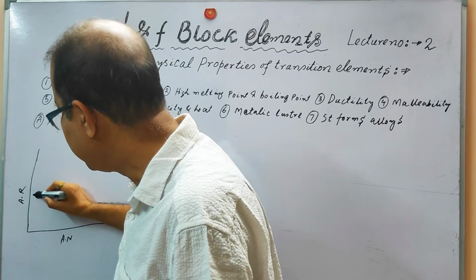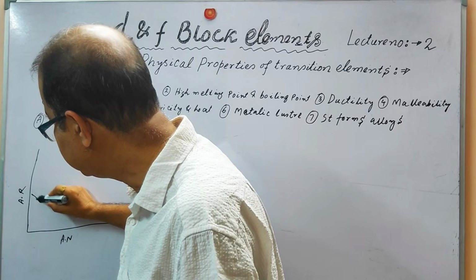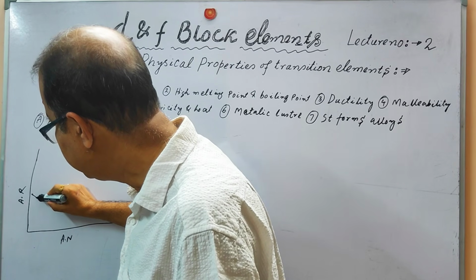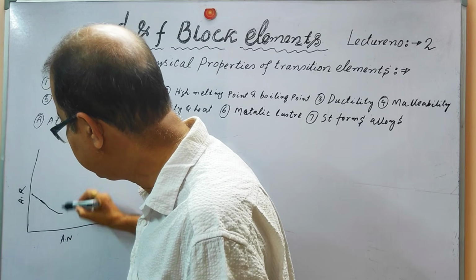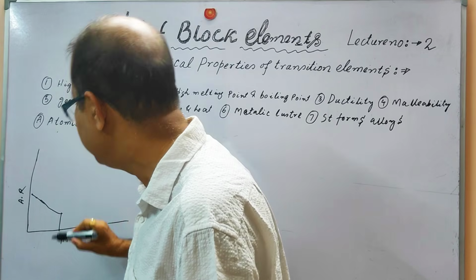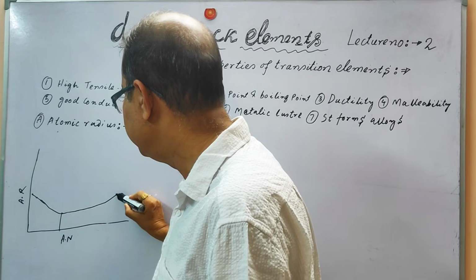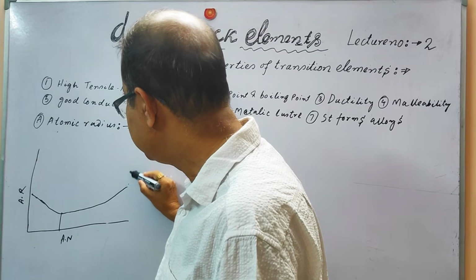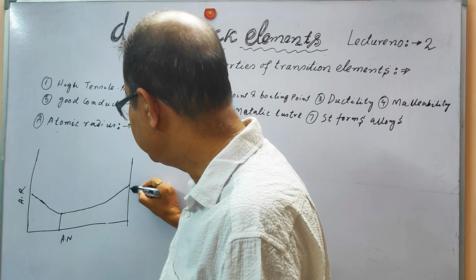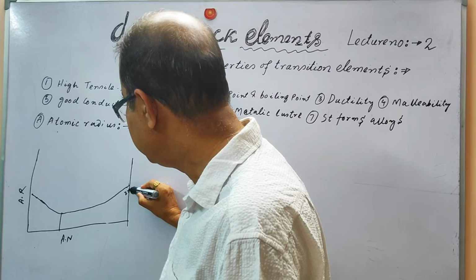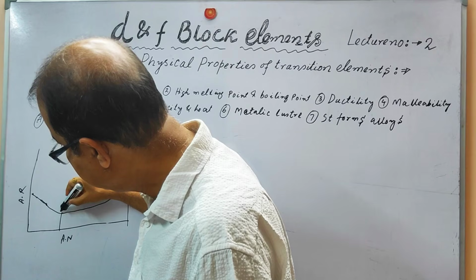Now if we go from the first series, suppose this is titanium, this is vanadium, and chromium. After that this is copper or zinc, suppose this is zinc, and here titanium, vanadium.